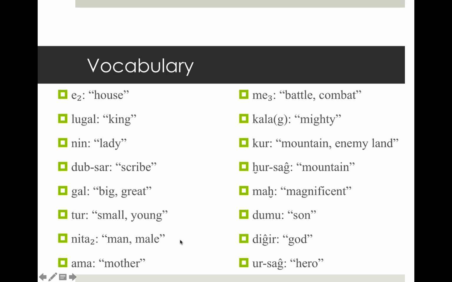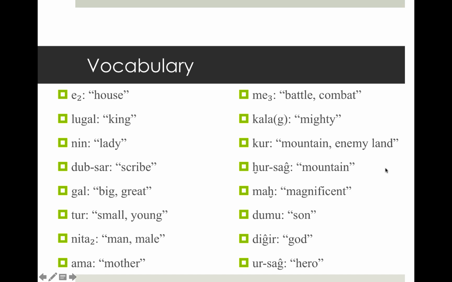Nita, so you see it there, nita. Nita means man or male. Ama means mother. Mè is battle or combat. Kala, kalag, means mighty. Kur means mountain or like the enemy lands. It can also mean the netherworld, but usually it's like a mountain.